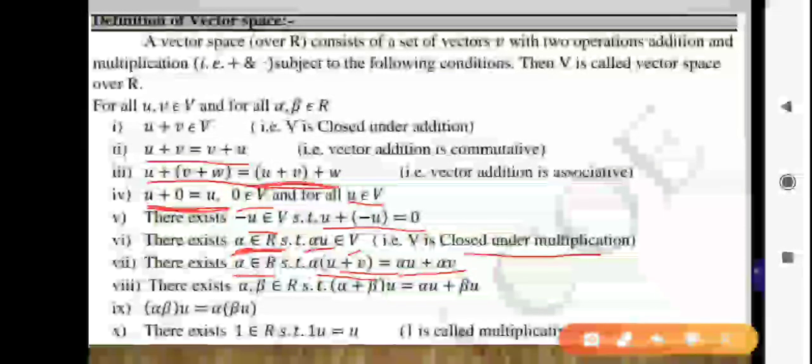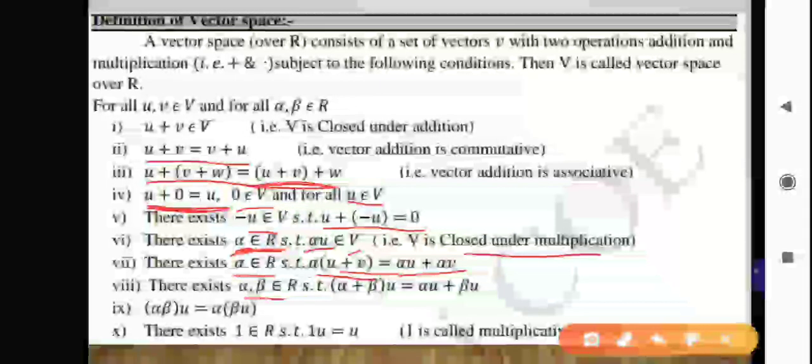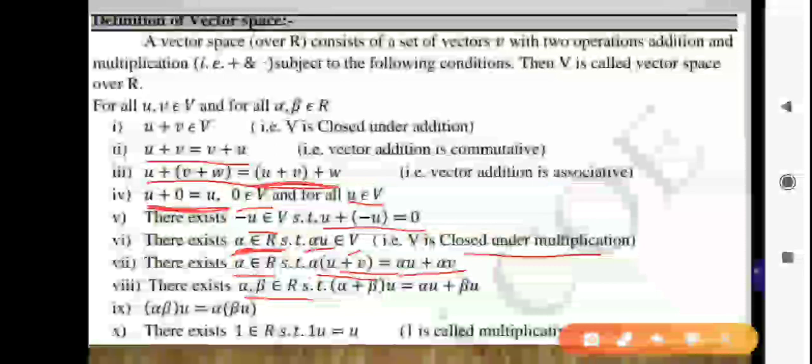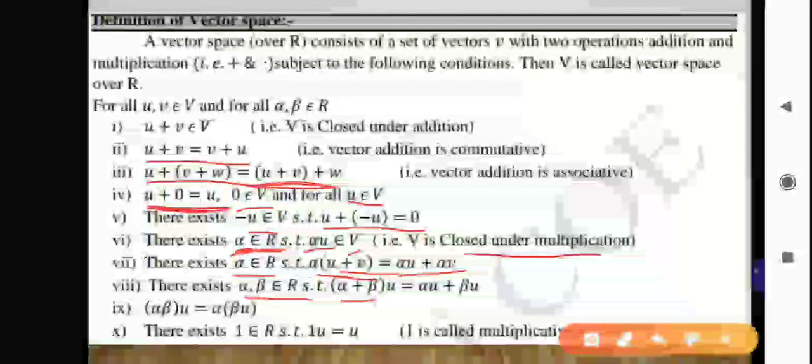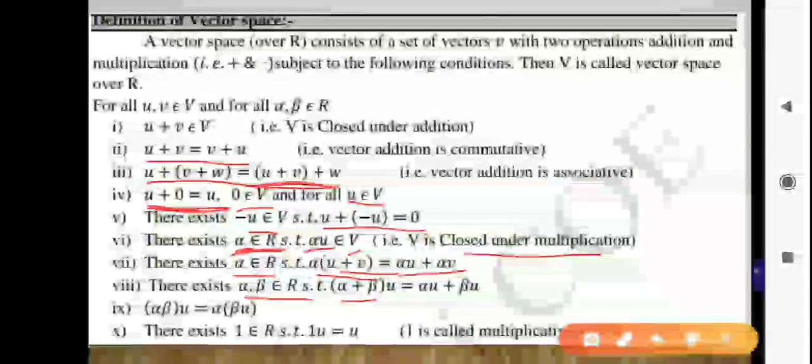Then next, there exist alpha and beta belonging to real numbers R, such that alpha plus beta into u can be written as alpha u plus beta u. Then ninth property, alpha and beta are again real numbers, and their multiplication times u can also be written as alpha into beta u.